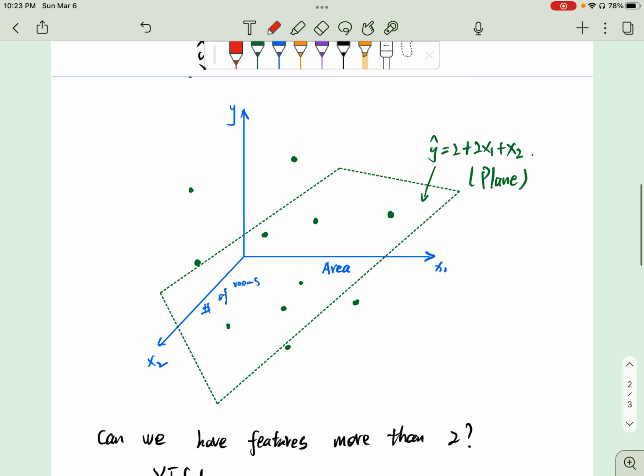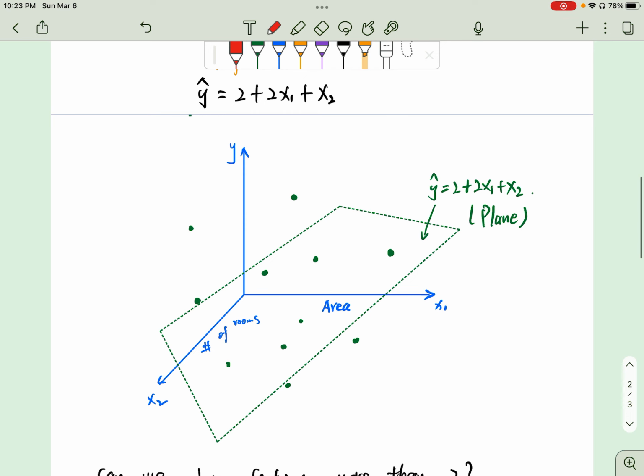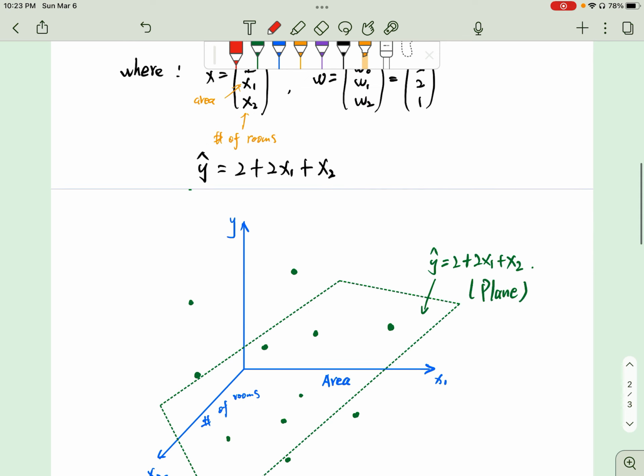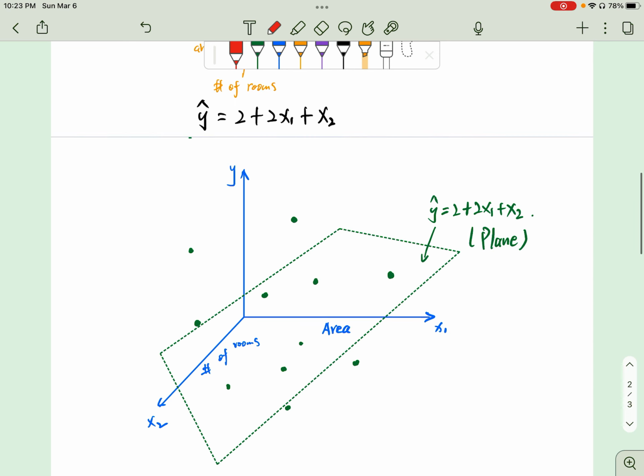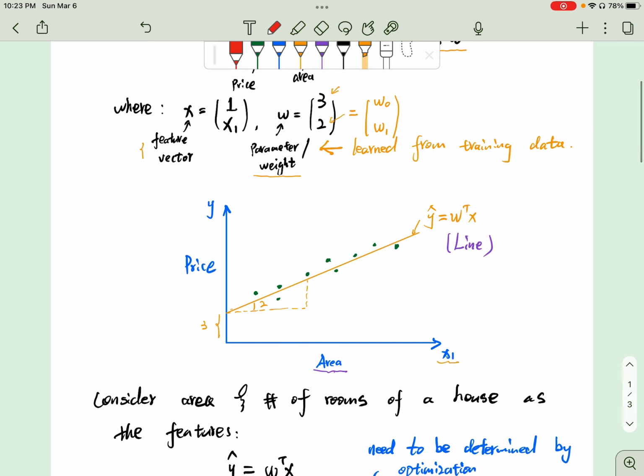Actually, we will call all of our predictions, on both 2 features and 1 feature, hyperplane. So this one, although it is a plane, we may also call it hyperplane. And this one, although it's a line, we will also call it hyperplane.